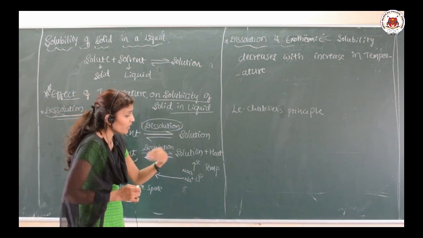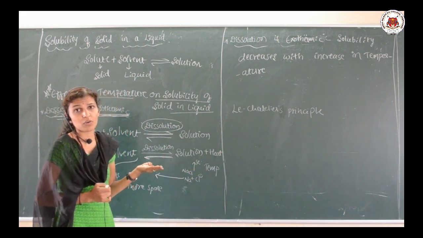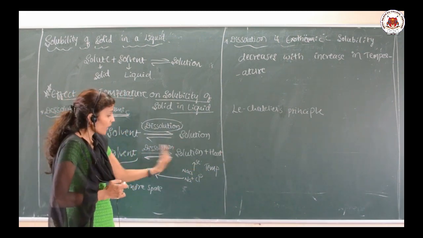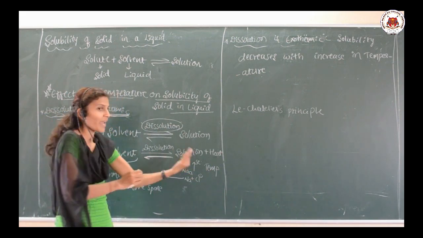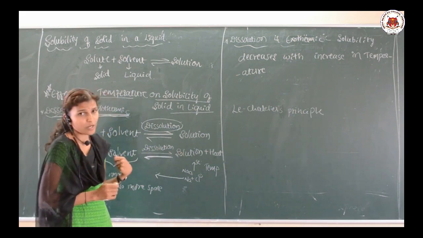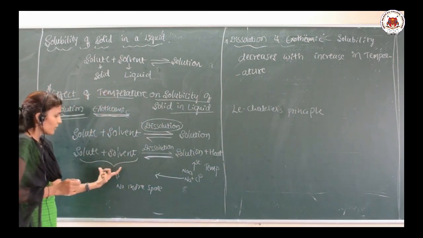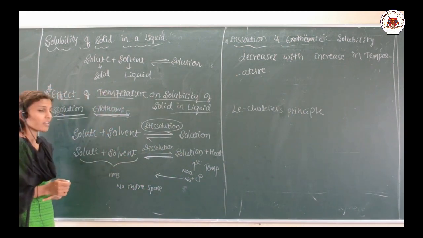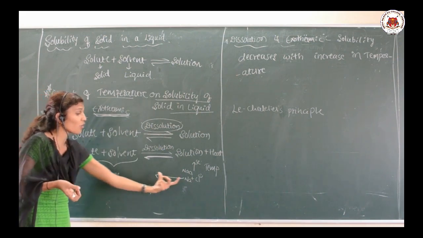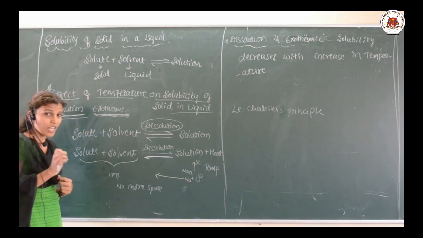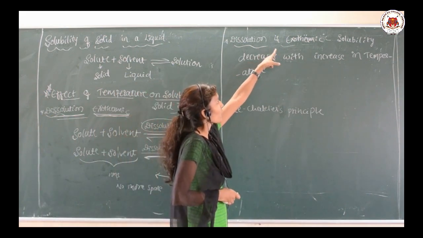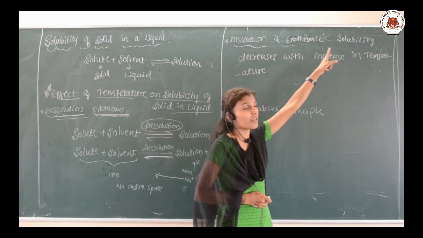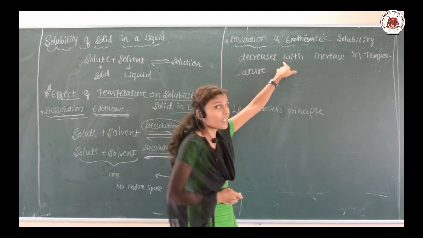As we are increasing the temperature, the equilibrium is not ready to accept it. It tries to come towards the back side. It means it favors the backward reaction. But towards the reactant side, there is no space for the solubility of these ions. That's why we can tell that whenever the dissolution is exothermic, the solubility decreases.